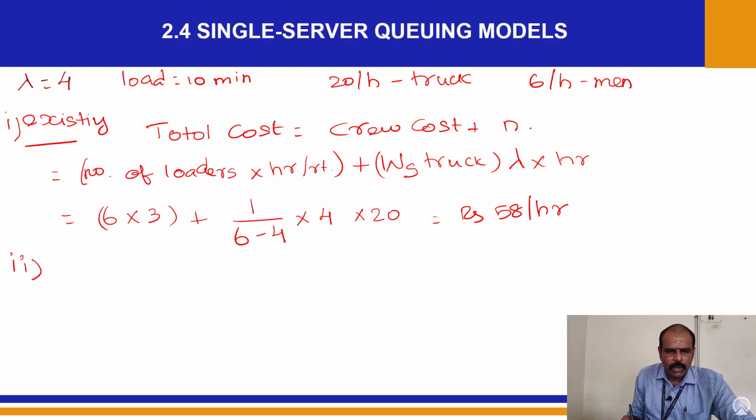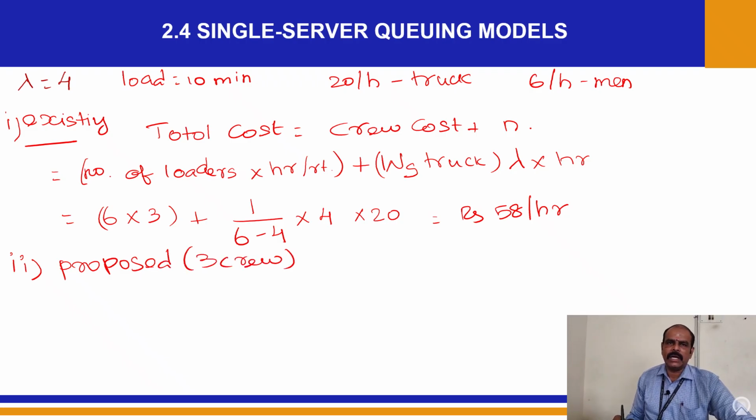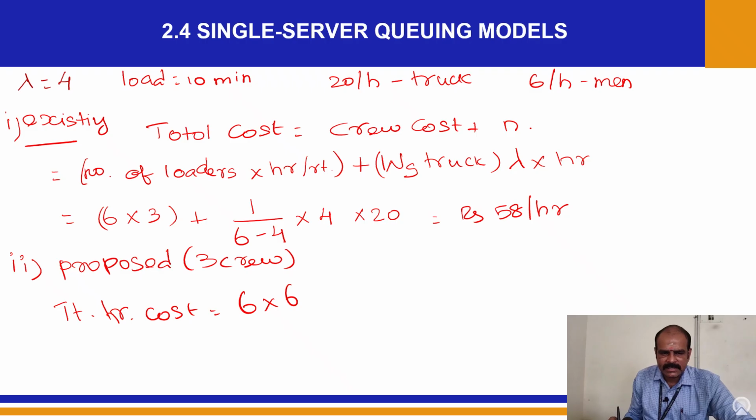Now we'll go for the proposed. Proposed is we are going to add 3 crew, that is a crew of 3 people extra. That is what is given in the problem. So the same total hourly cost is equal to 6 rupees into 6 people, now that 3 are added. 6 into 6 plus 1 divided by, now it is not 6, now 12, 12 minus 4, into the rest, 4 into 20.